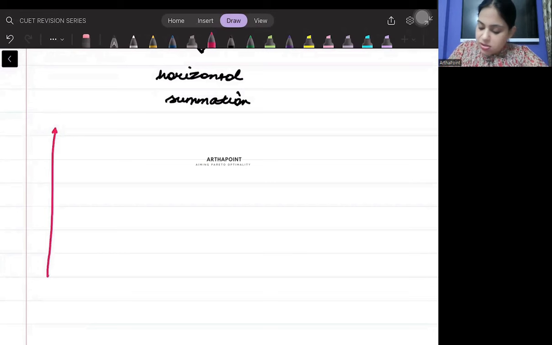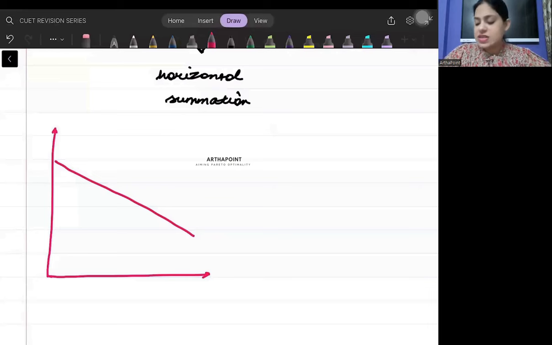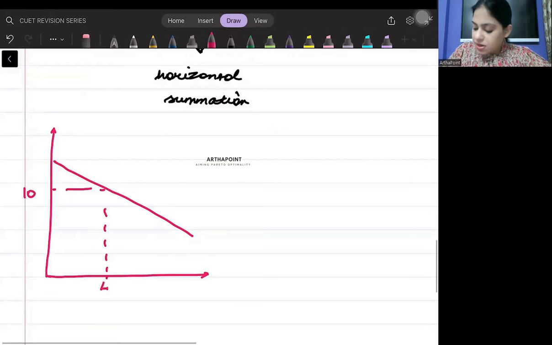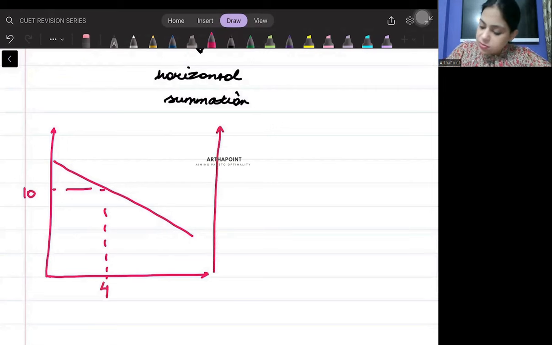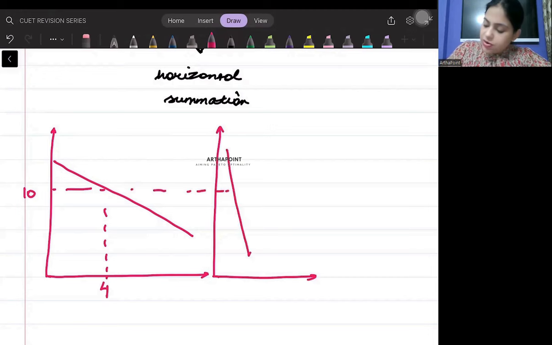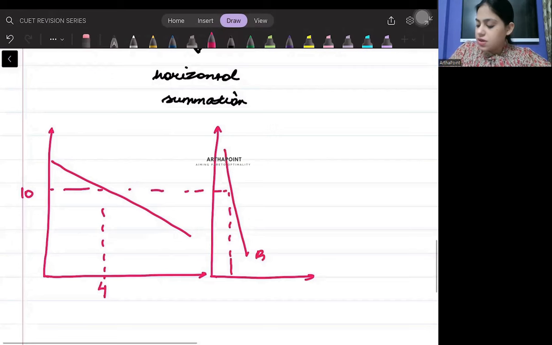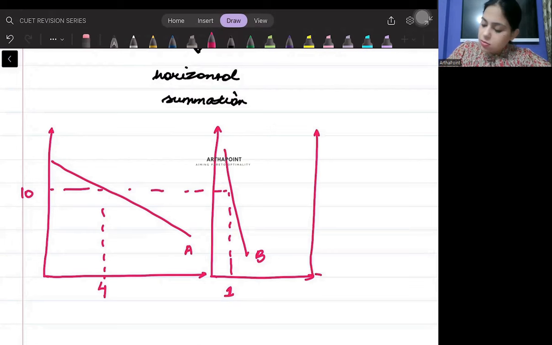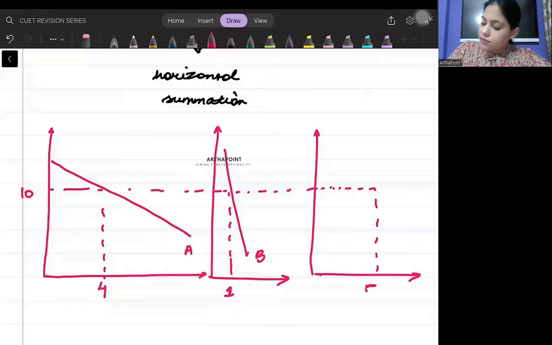तो अगर हमारे पास ऐसा है demand curve and price is 10 and individual A demands 4 units, price is 10, individual B demands 1 unit, and price is 10 and total market demand will be 5 units.